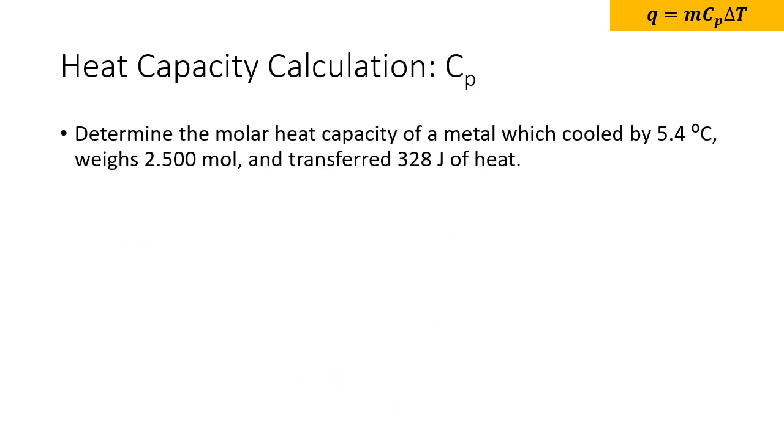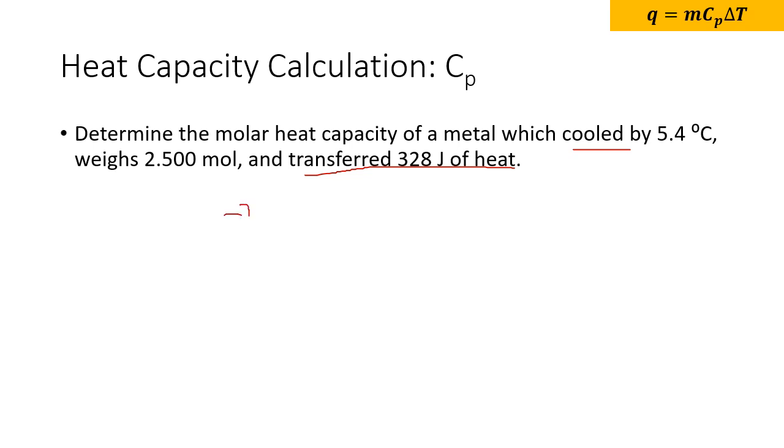All right, now that we've done some nice cool things, let's read the next one. Determine the molar heat capacity of a metal, which was cooled by 5.4 degrees Celsius. It weighs 2.5 moles and it transferred 328 joules of heat. So that's negative 328, it's negative 5.4. We can put it into our Q equals MCΔT equation.